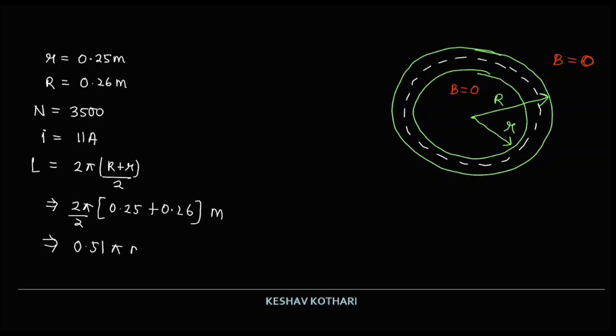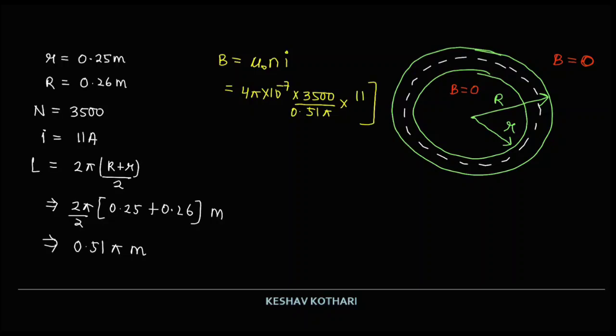meter. So if we calculate the strength of magnetic field now, I can say that the strength of magnetic field B is equal to mu naught nI, where n is turn per unit length. So small n is 4 pi into 10 to the power minus 7 and turn per unit length, that is 3500 divided by 0.51 pi, into current, which is 11 ampere.